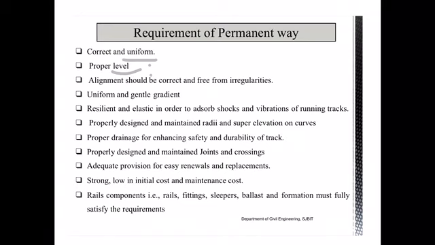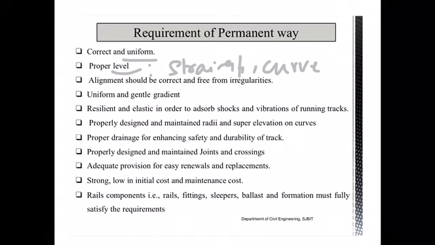When it comes to proper level, we have two cases. The first is on a straight track and the other is on curves. When you take the permanent way on a straight track, the level of the two rails has to be the same, but on a curve, as I told you earlier, the outer edge will be raised with respect to the inner edge.